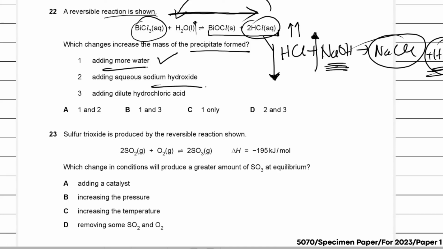And we can see that water is actually a reactant, so it's going to prefer the forward reaction. So yes, 1 and 2 can both be correct. Next is adding dilute hydrochloric acid. Obviously that's not going to be an answer, because if we add more, it's going to shift to the left to fix the equilibrium and go to a lesser amount of acid. So the correct answer is A, 1 and 2.